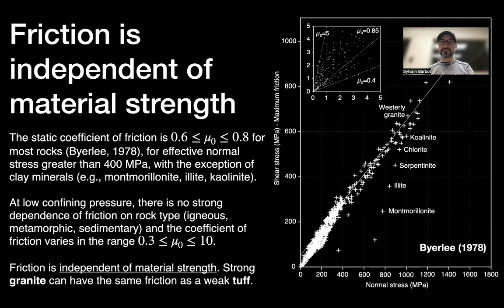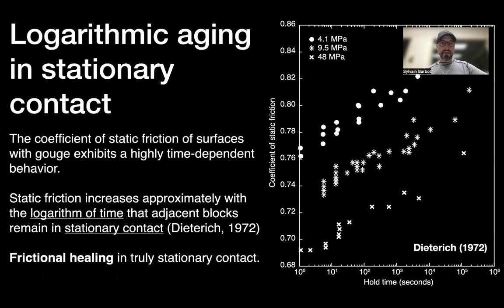If you consider some of the weakest rocks, for example the tuff, and some of the strongest ones, the basalt or the gabbro, they have essentially the same coefficient of friction. That's a little bit puzzling and needs to be explained.